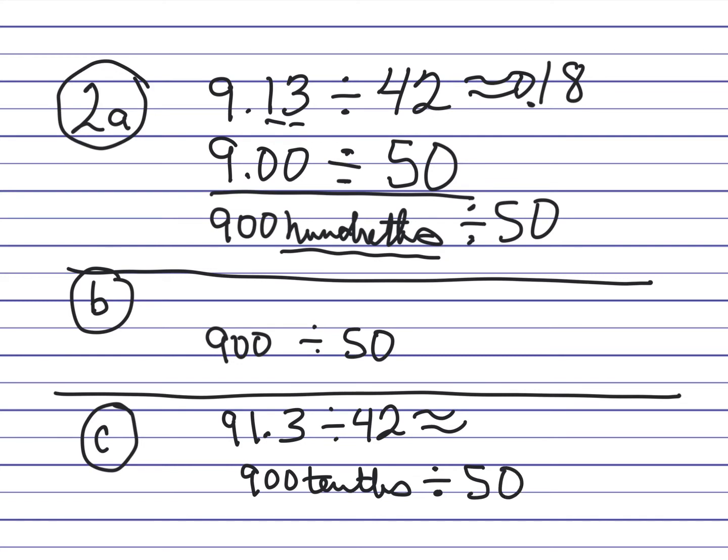That's how we would estimate. And so we would still get 18, but 18 what? 18 tenths. So 18 tenths would also be 1.8 if you're estimating, okay? If you have trouble with this, we'll work on it later this week.